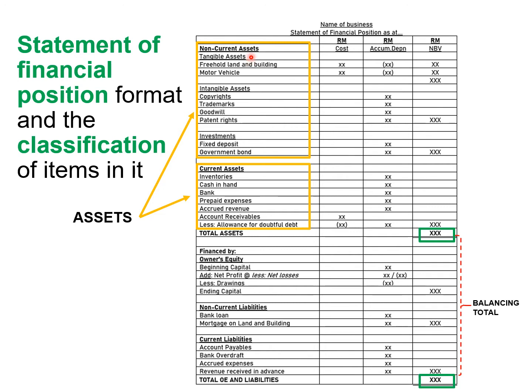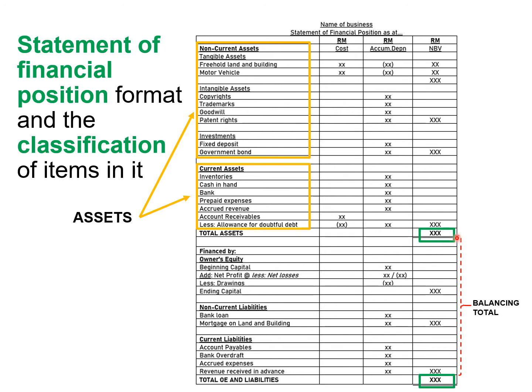Non-current ada dua, tangible ataupun intangible, dan juga investment. Ada tiga lah maksudnya. And then untuk assets yang current, assets semasa, dia ada satu kategori je. All these things ada dalam the current assets. So the total of this non-current dan juga current dipanggil total assets right here.